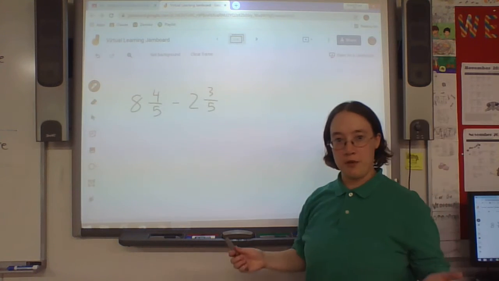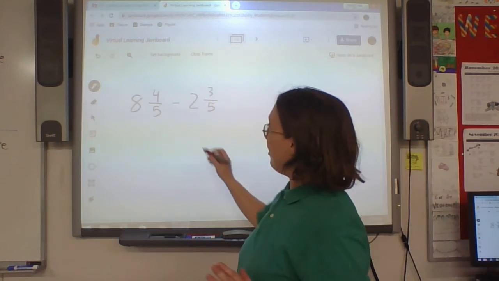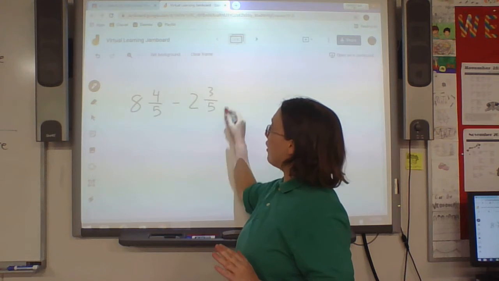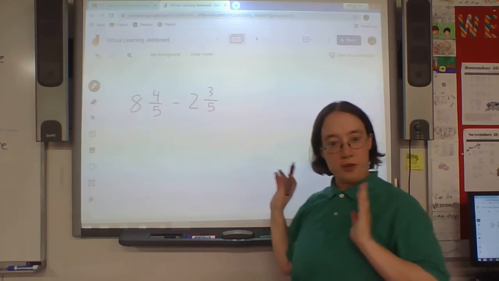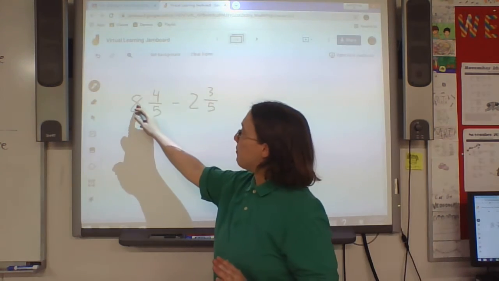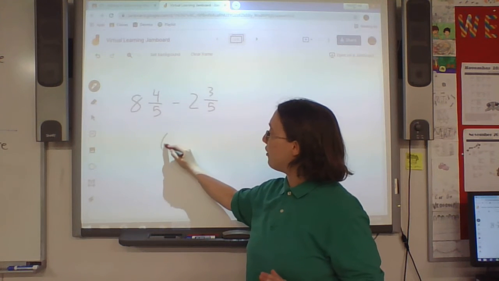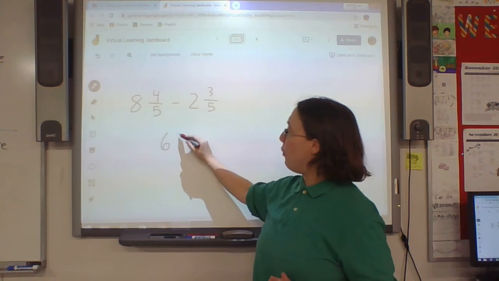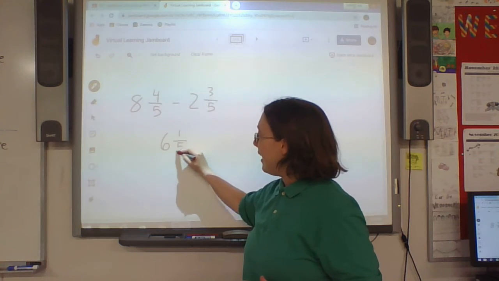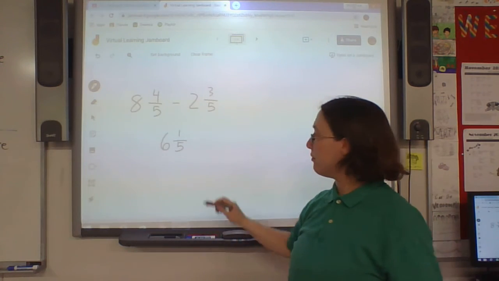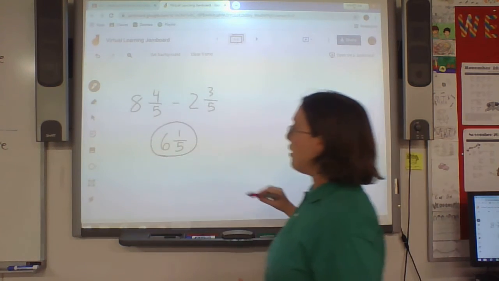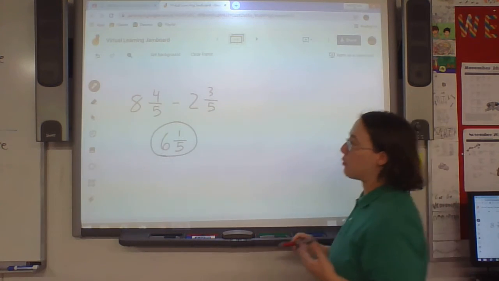Okay, same sort of thing with subtracting. As long as our number here is bigger than our number here, we can do the same thing, looking at the outside numbers and going 8 minus 2 is 6, 4 minus 3 is 1, and we can do it like that. The other thing we could do is, again, turn these into improper fractions.